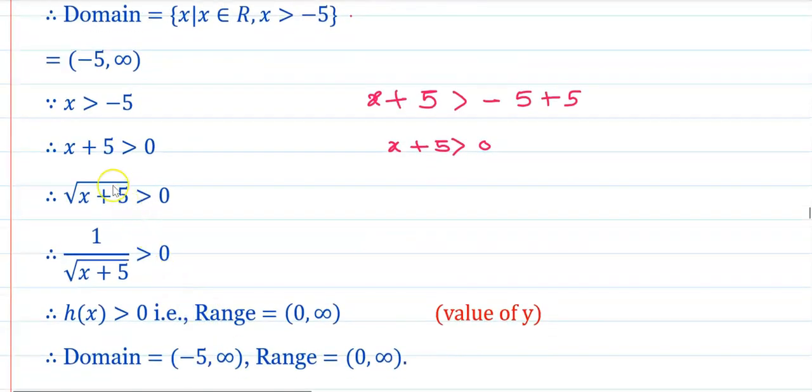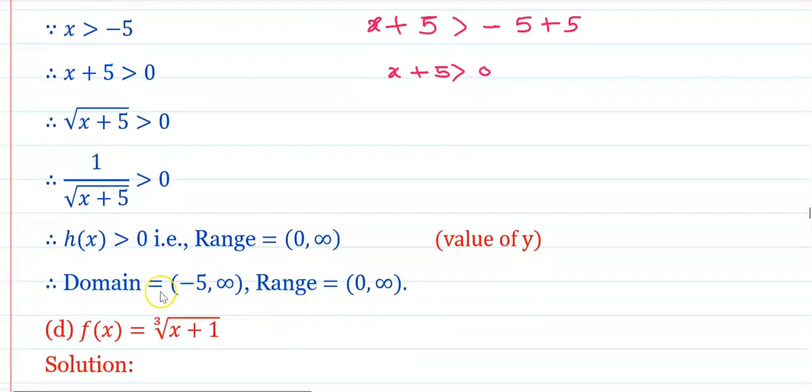Okay, taking the square root, that is, root of (x plus 5) is positive, and if we take its reciprocal, it is again 1 upon root of (x plus 5) is positive. That is, h of x is positive. So what is its range? 0 to infinity. Okay, this is the range. Now the domain is minus 5 to infinity and the range is 0 to infinity.